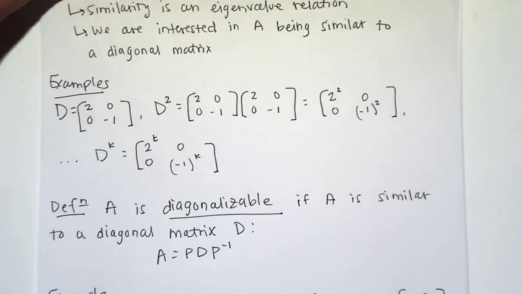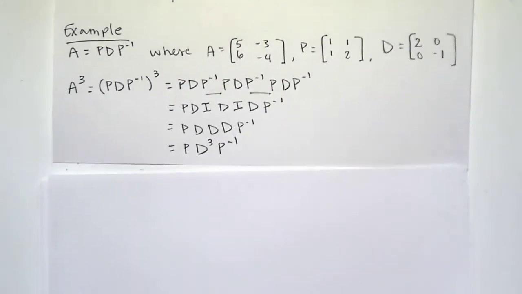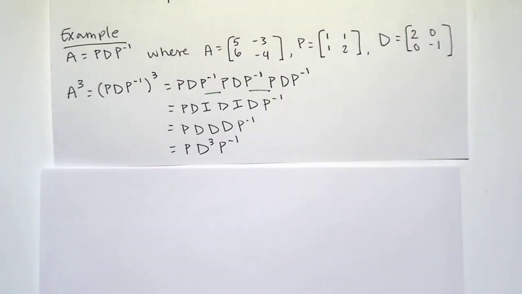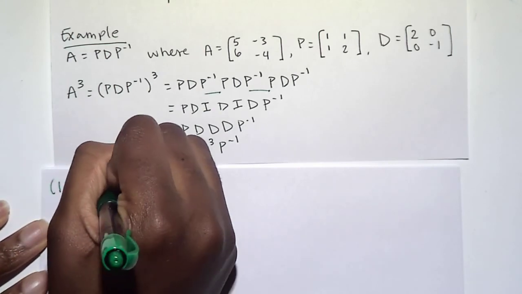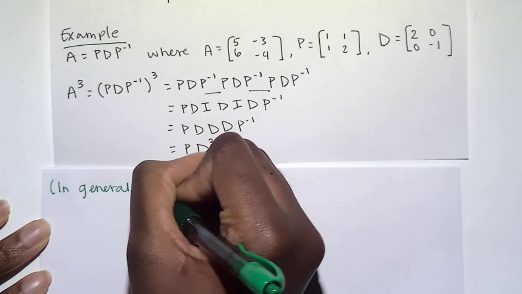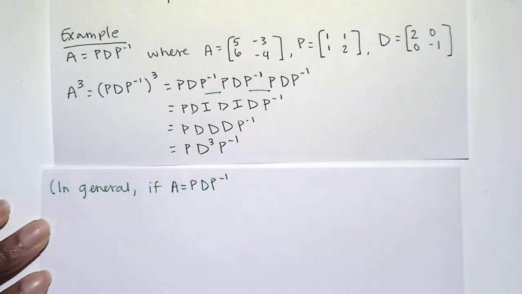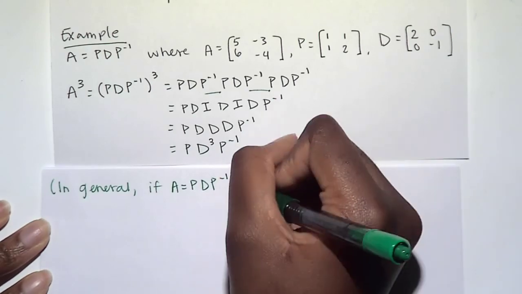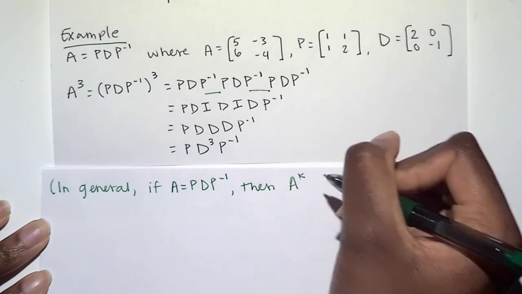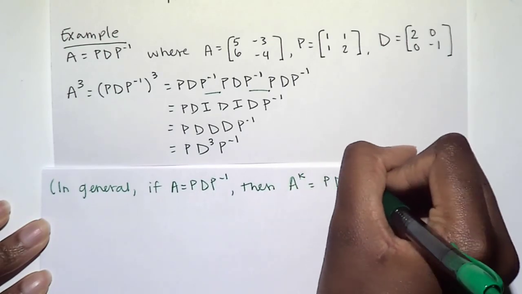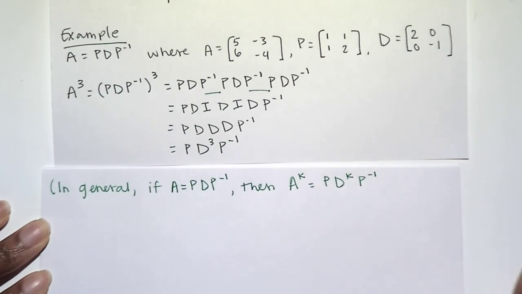All right, so let's write a statement so we can have a generalization of what's happening. In general, if A equals P D P inverse, so if A is diagonalizable, then A raised to the k is P D to the k P inverse.